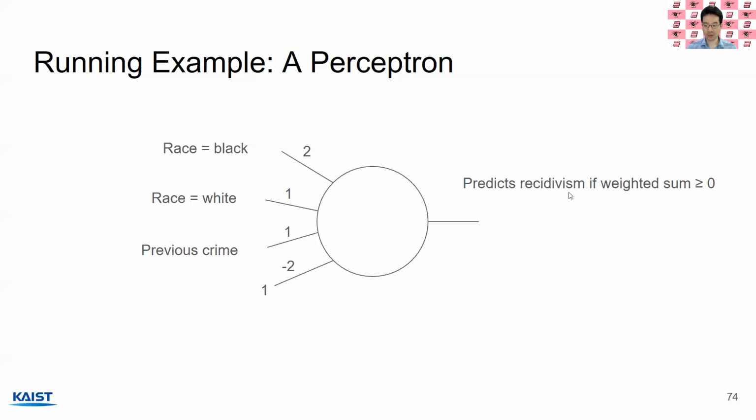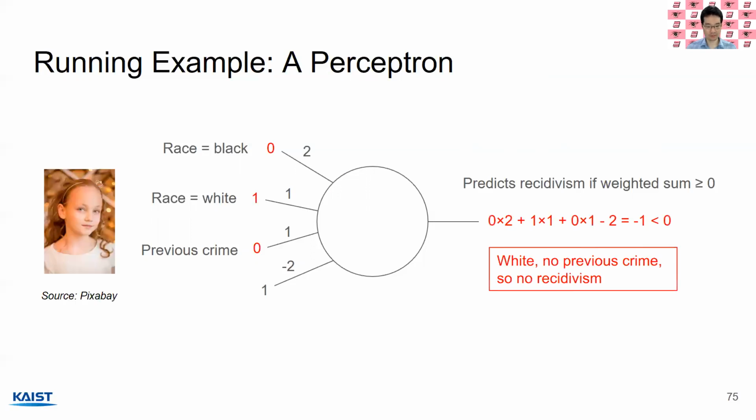Now whenever there's an input data, we take the weighted sum by multiplying the feature values with these weights, the 2, 1, 1, minus 2. If the sum is at least 0, the perceptron or model predicts recidivism, otherwise not. For example, let's say that we have this person, she is white.